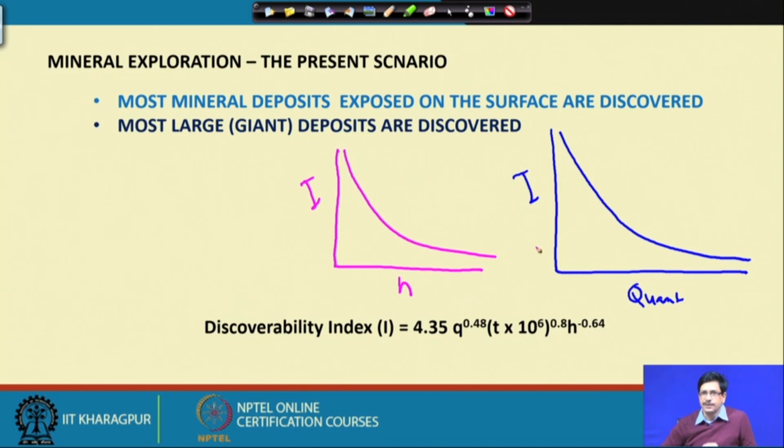So, the greater the depth at which a deposit is likely to occur, the more difficult it will be for it to be discovered, and the chances of discovering such huge giant deposits are also low day by day, and also the chances of getting very high grade deposits are also low.